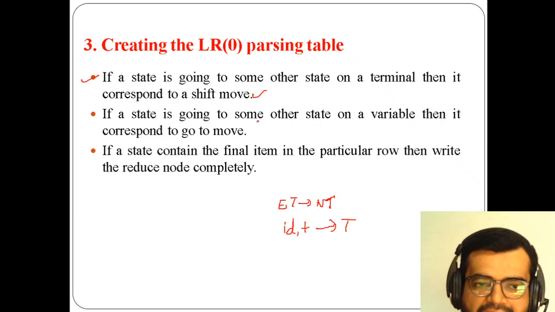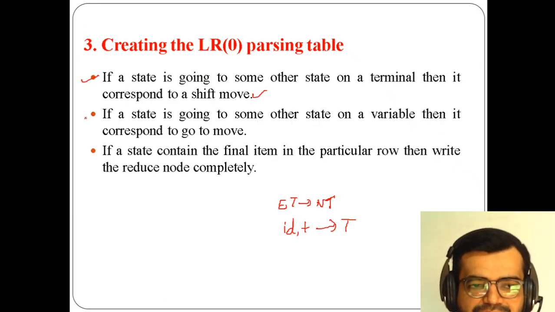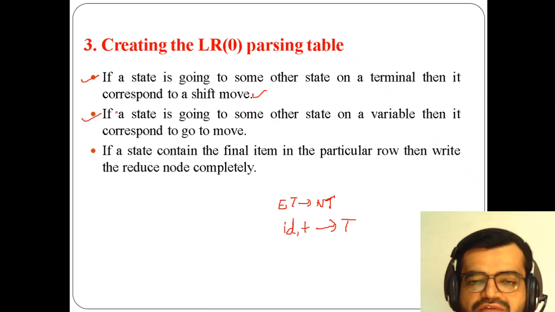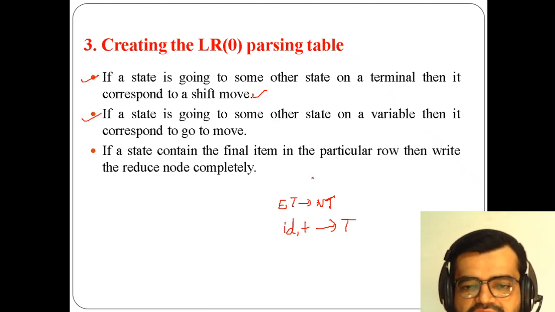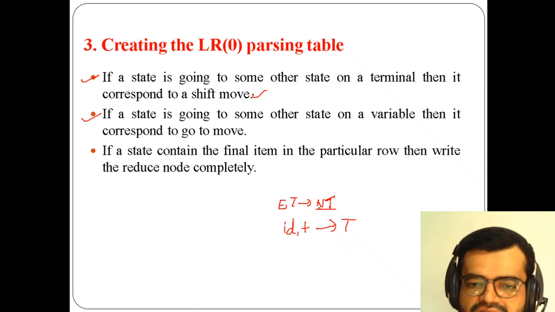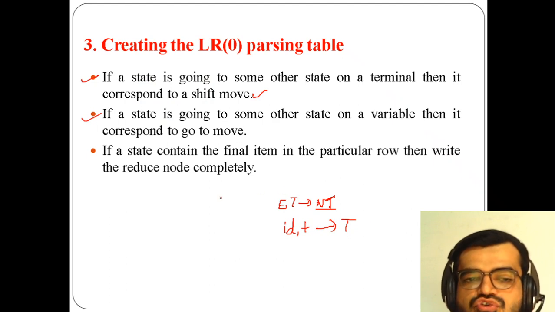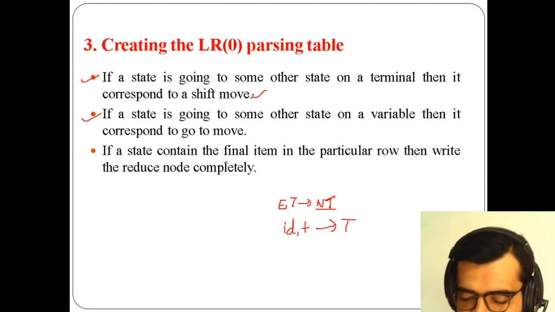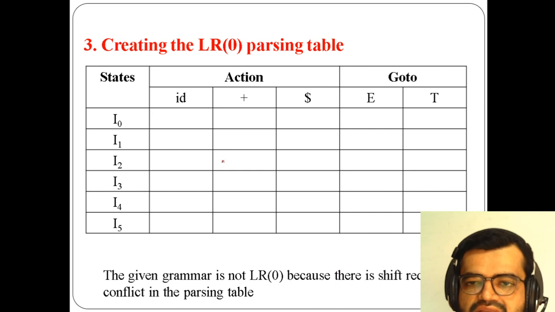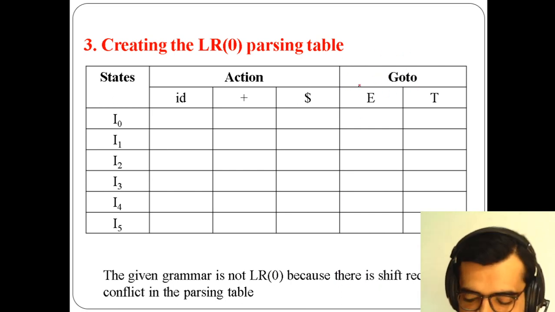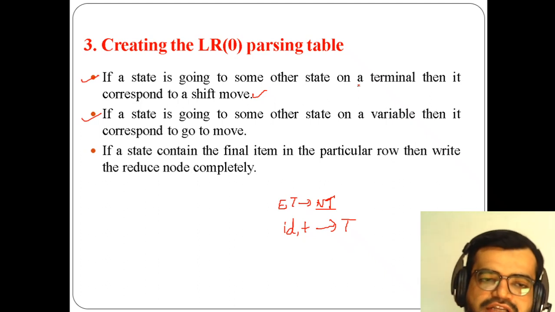And the second step: if you are going from one state to another state on a variable, in the sense a non-terminal, what are the non-terminals here? E and T. Then it corresponds to goto. That means E and T will be filled in this section only, because they are non-terminals.